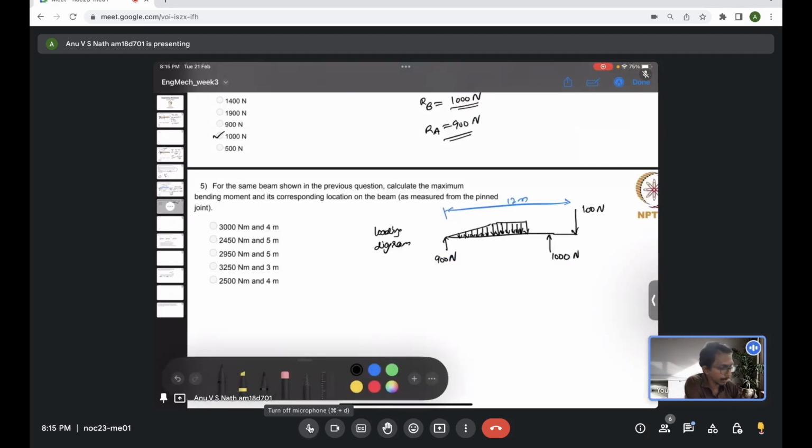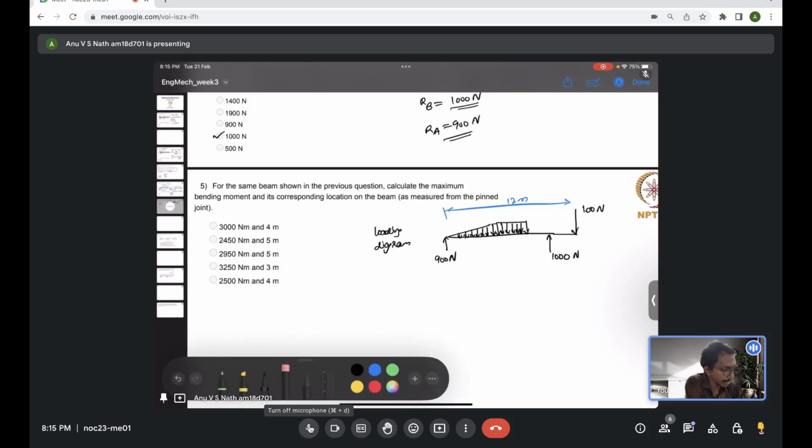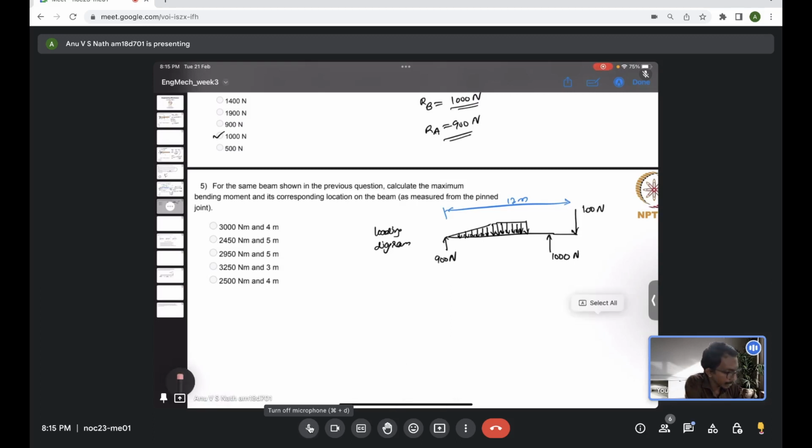So what I was saying is I will measure from this end. This is the x direction I am measuring, from this end in this particular direction.